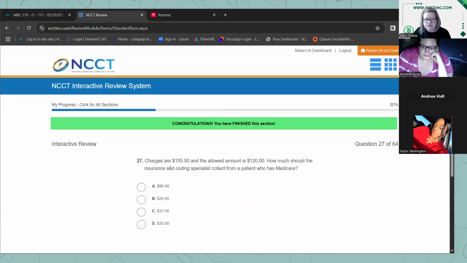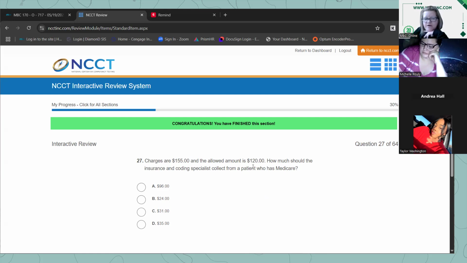All right. Charges are $155 and the allowed amount is $120. How much should the insurance and coding specialist collect from a patient who has Medicare? All right, so does anybody remember what Medicare's percentage for coinsurance is? It's 80-20. It's always 80-20 for Medicare, okay?